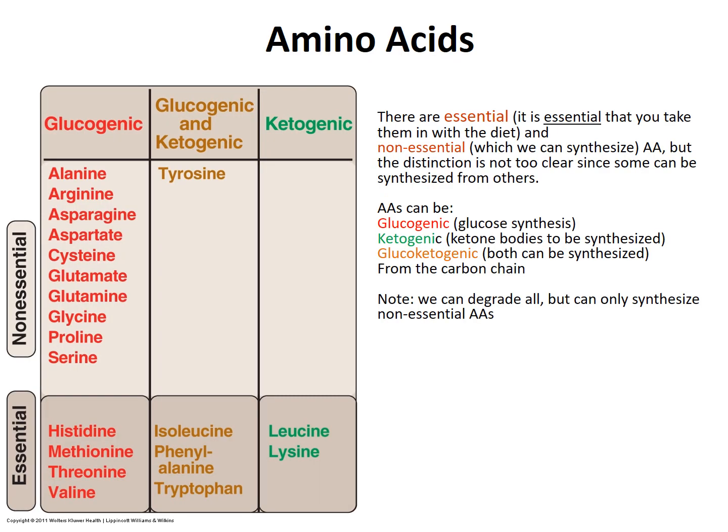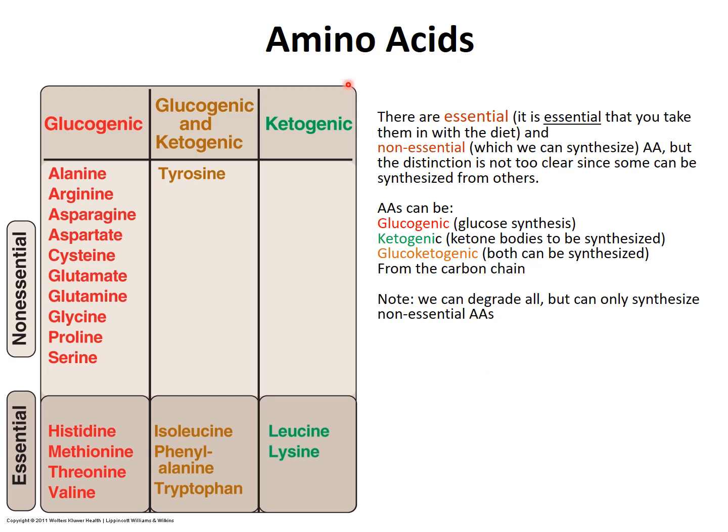Just a reminder again, because it is important for understanding in metabolism, that we have essential and non-essential amino acids. We can catabolize all, but we cannot synthesize these. We can only synthesize non-essential amino acids.